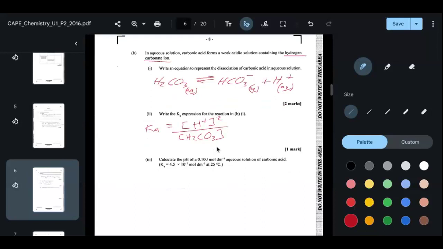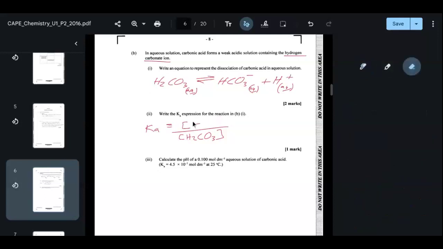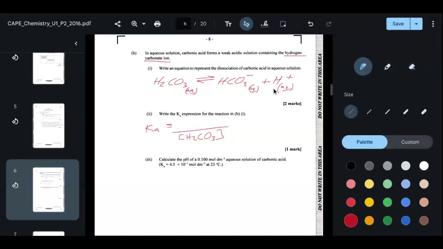Actually, when you're doing the calculation, you can do the H plus squared. But I didn't check any mark scheme. My exam is tomorrow, so to be on the safe side, if they ask you for the expression, I think they should be able to accept H plus squared, but just in case, just put the two of them, HCO3 minus and H plus.